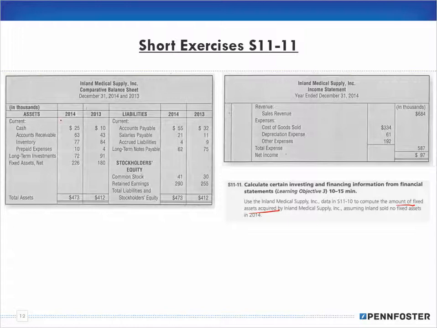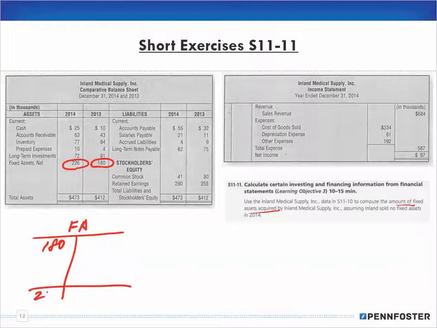All right, so where's our fixed assets? Here we go. Again, using T accounts for this kind of work is very beneficial. So I'm just going to call this fixed assets. We start out with a balance of 180 and we have an ending balance of 226.